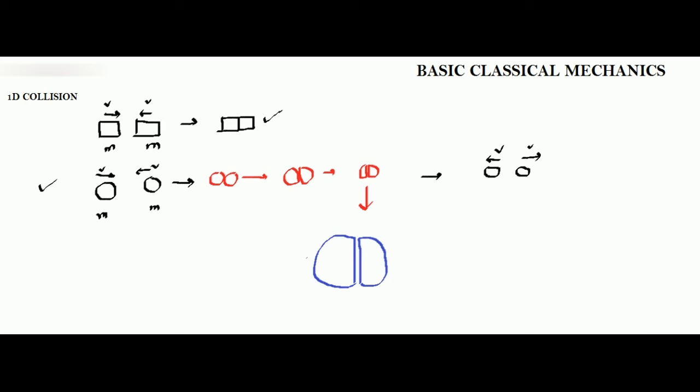Now once they have squeezed each other too much, so let me make it look better so that the two balls look equal. Okay, now once they have squeezed each other enough, now what happens?